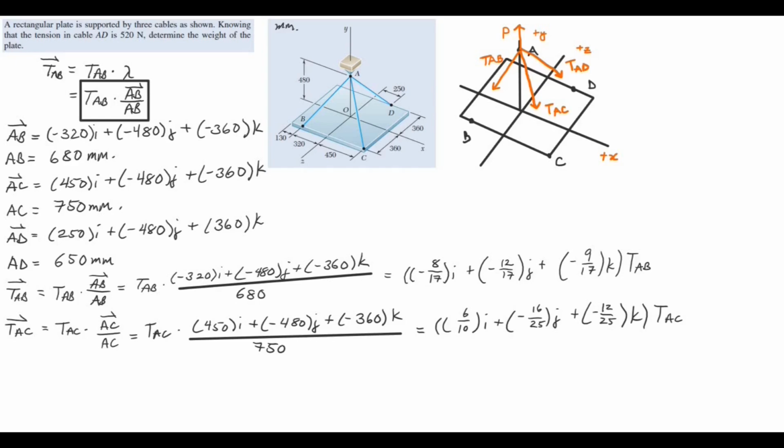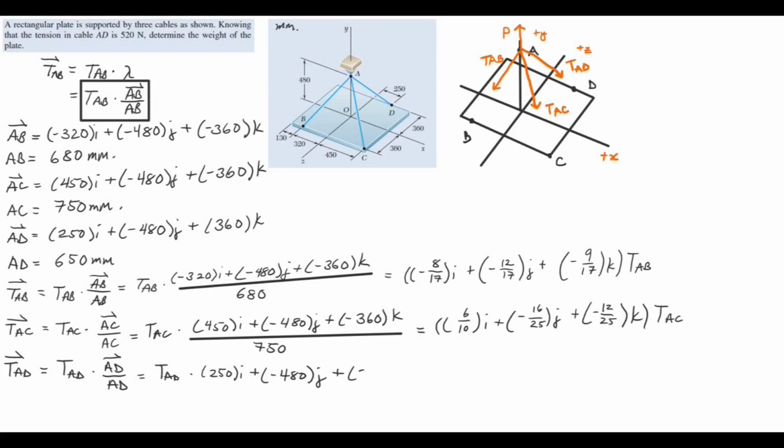And finally, for tension AD, it's equal to the magnitude of tension AD times the vector AD, all over the magnitude of vector AD, which is 650.